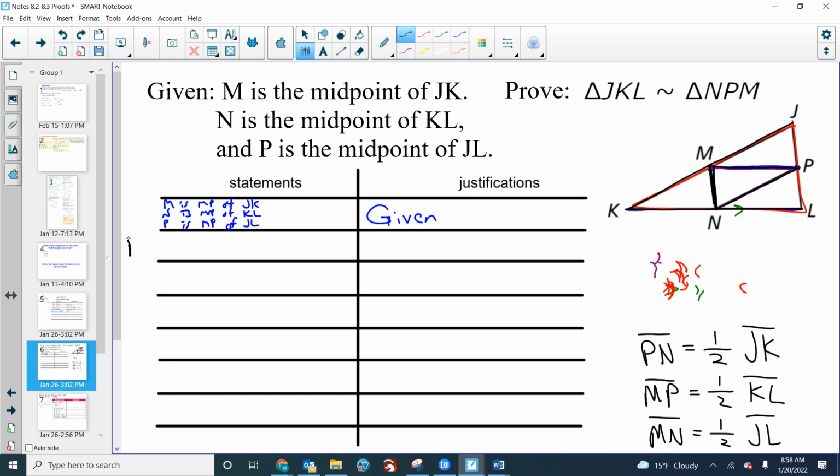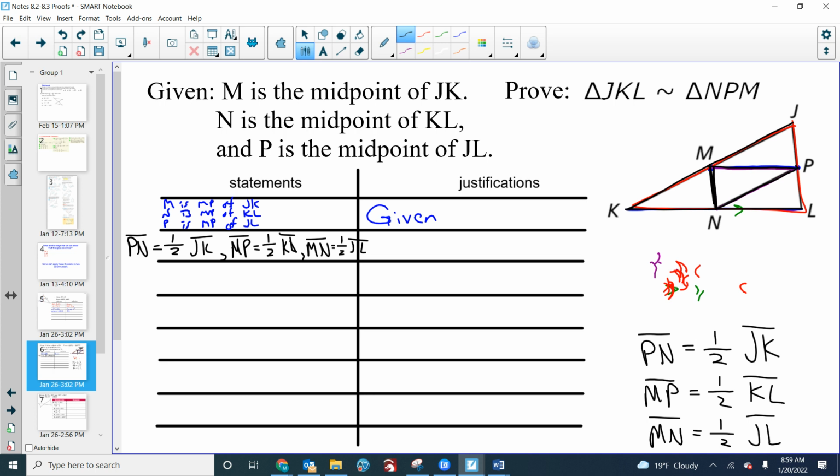PN is half of JK, comma, MP is half of KL, and MN is half of JL.